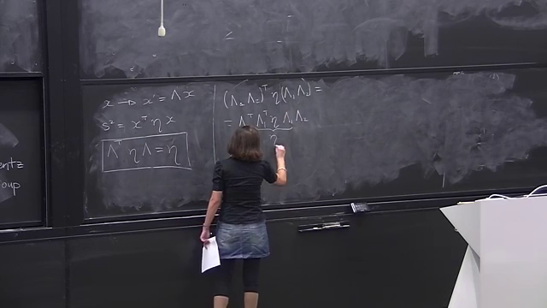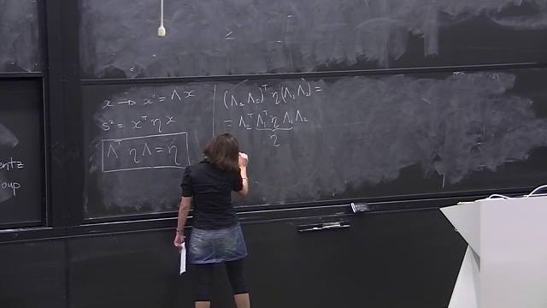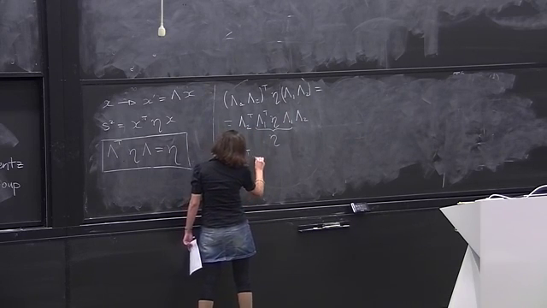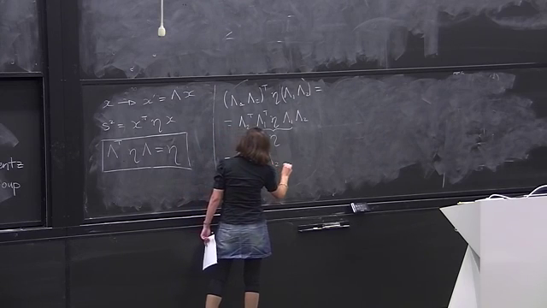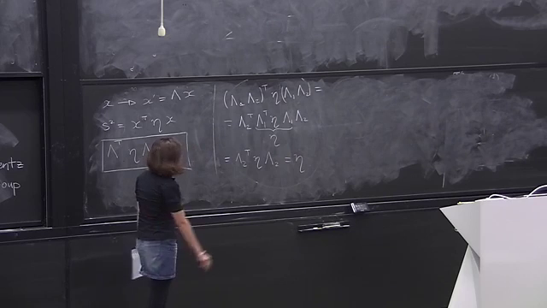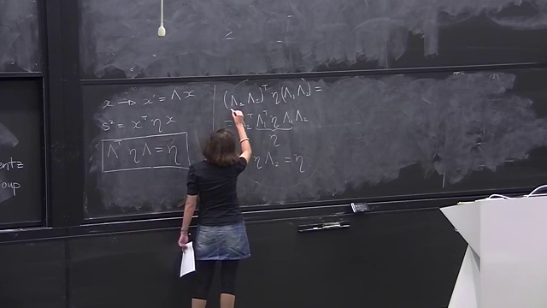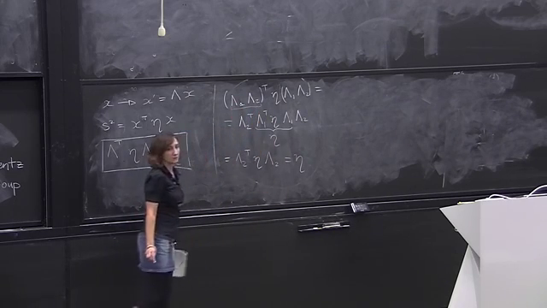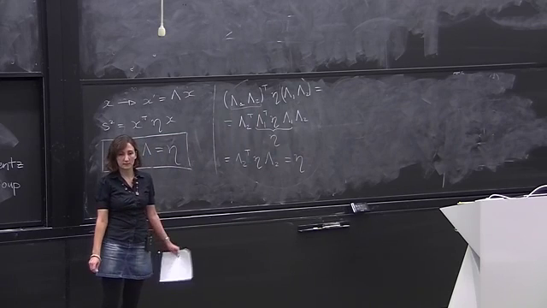Now we know that this is equal to the Minkowski metric. So this becomes lambda 2 transpose eta lambda 2. And this is again equal to the Minkowski metric, which means that the combination of two Lorentz transformations is again a Lorentz transformation.